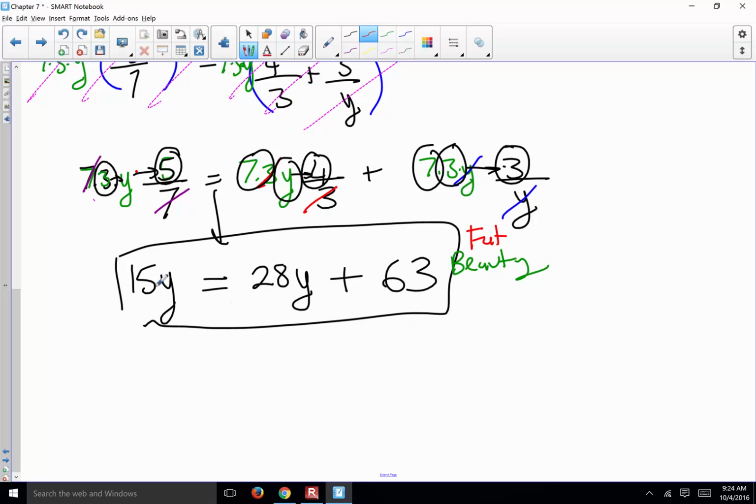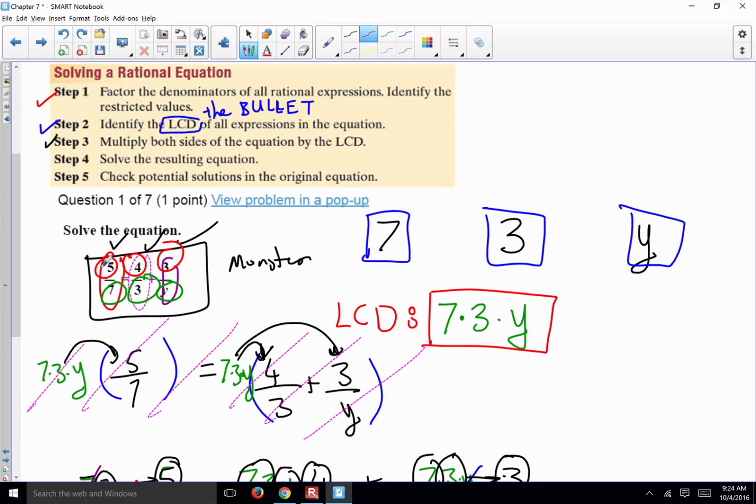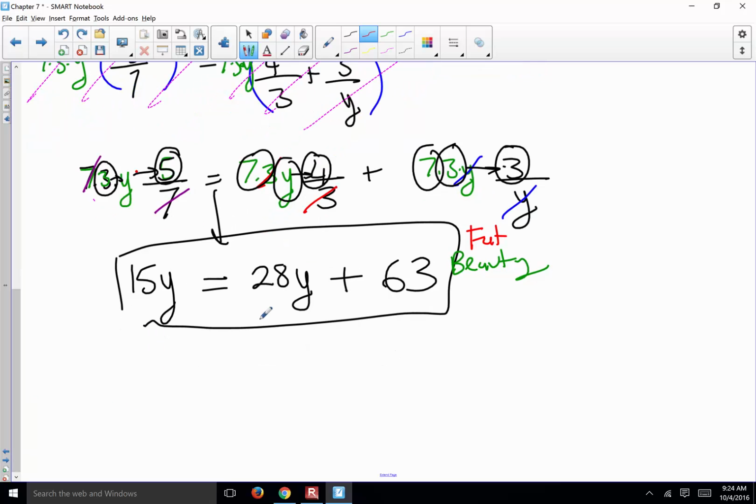Why do I call it fat? Because 15, 28, 63 used to be skinny, small things: 5, 4, 3. It's a lot fatter now. Big numbers, but still, as long as I don't have a denominator, I'm okay with that.